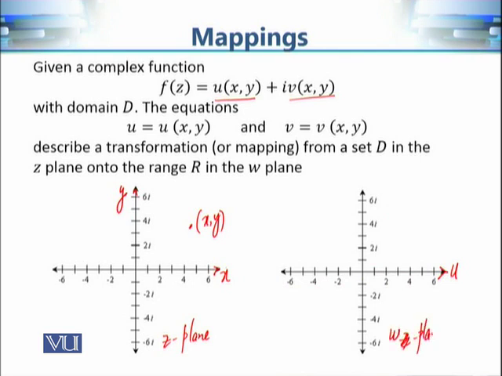Similarly, when we apply v to this point x y, we get another real number and we plot it on the vertical real line, which is the v-axis. That's how we get the image of a point x y from the z plane in the w plane.